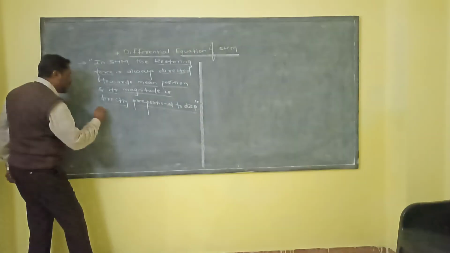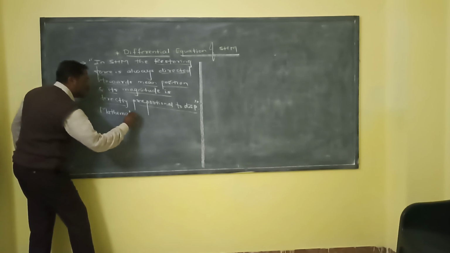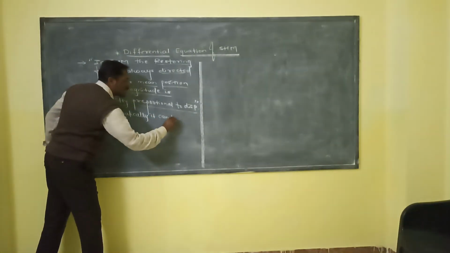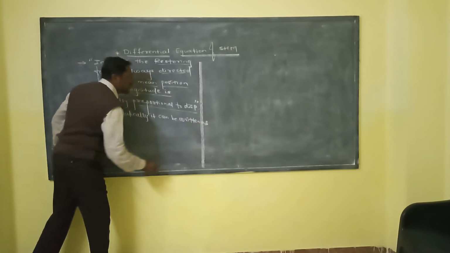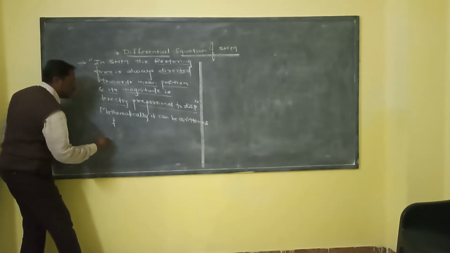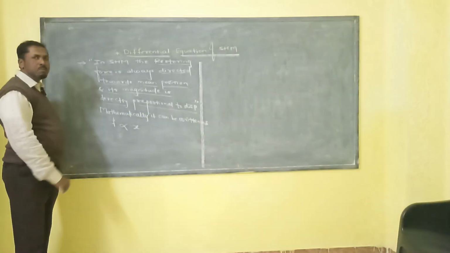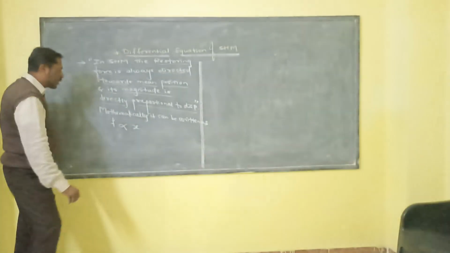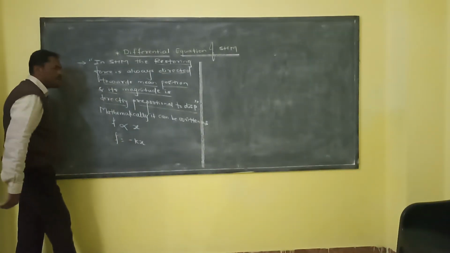Mathematically, it can be written that the restoring force F is directly proportional to displacement. X is nothing but the displacement of a particle. F is equal to minus kx.